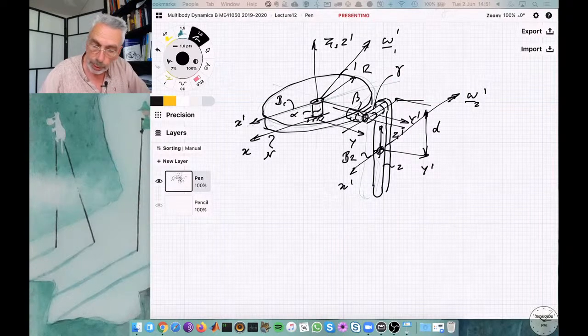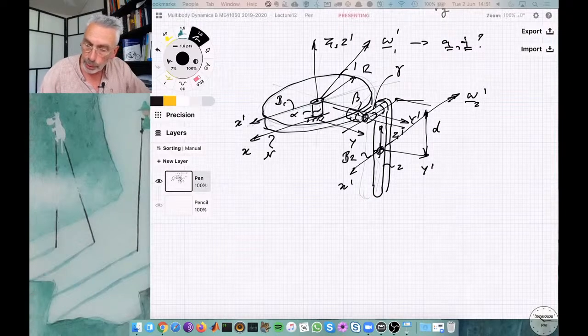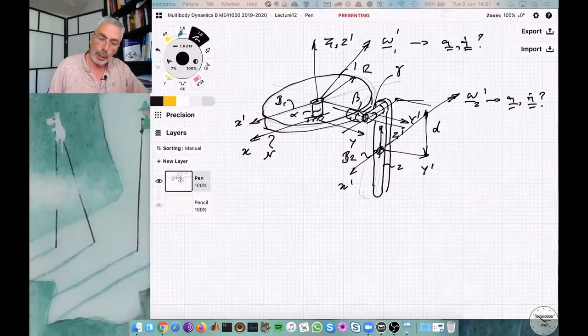And the big question is, we have to express those in terms of q and q dot. And how do we do that? We've seen it's linear in the velocities, but it's absolutely non-linear in those ones. Okay, how do we proceed with that?